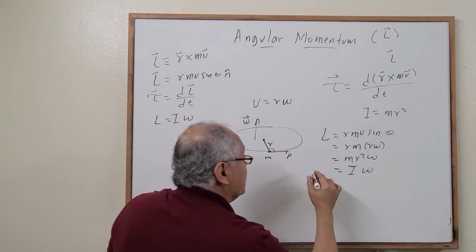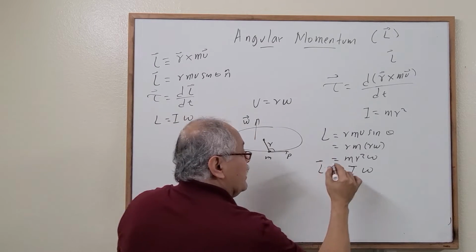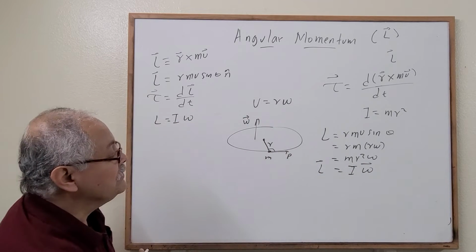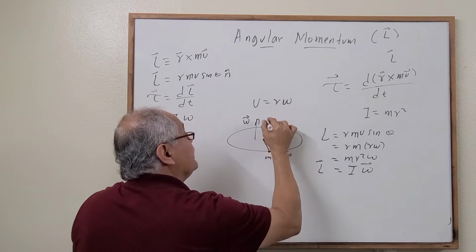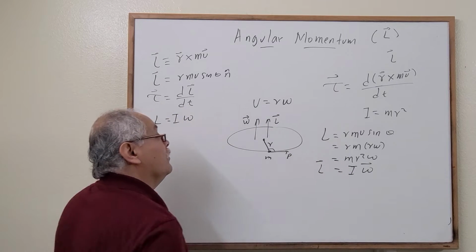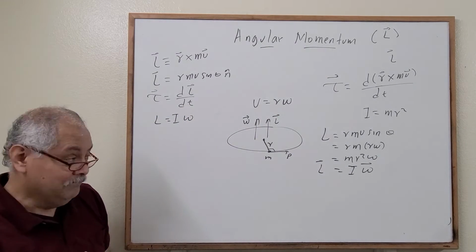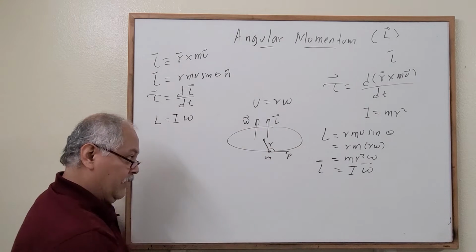Because these are related, this is the magnitude, and we can call this the vector notation. You can see they have the same direction. So we can take this also as the direction for the angular momentum, going up in this figure.